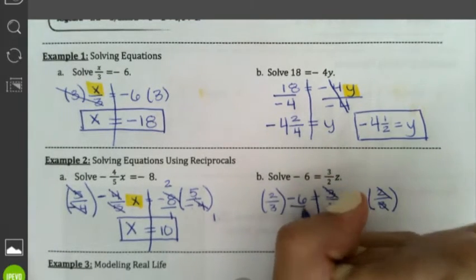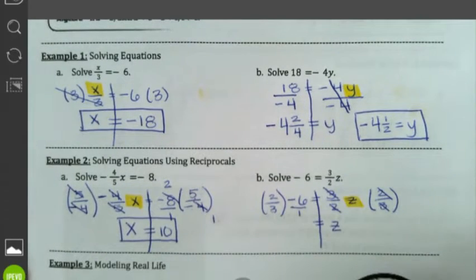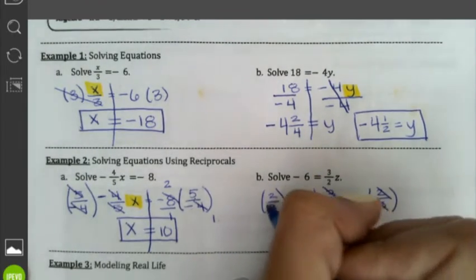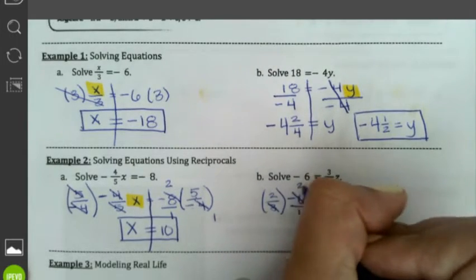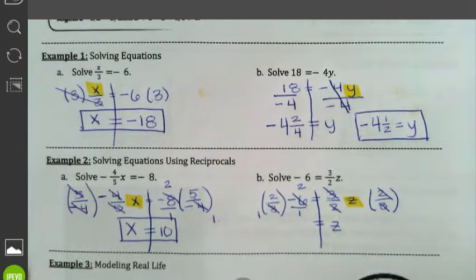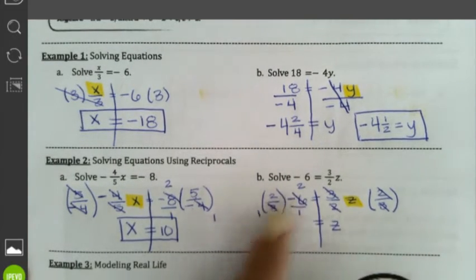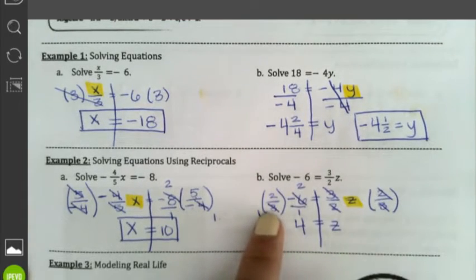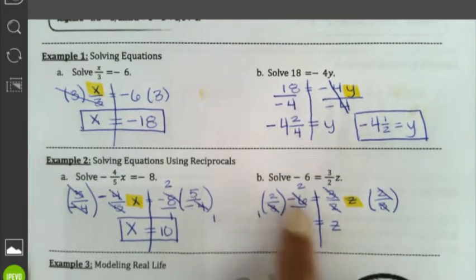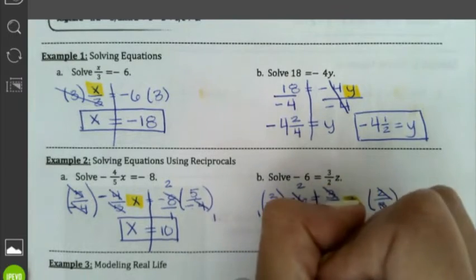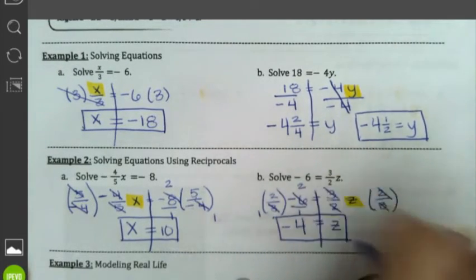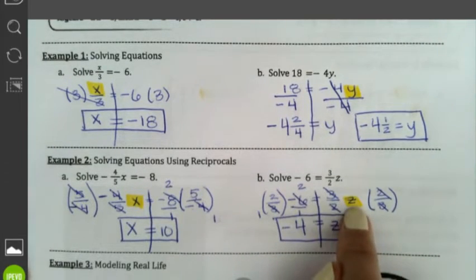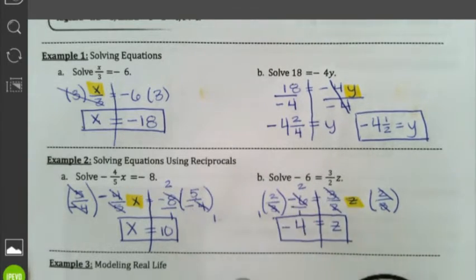I'm going to put negative 6 over 1 to make it into a fraction and cross cancel. Now I just multiply across. 2 times 2 is 4 over 1 times 1, so 4. And we have a positive fraction times a negative fraction, which will give me a negative 4. And again, you can plug negative 4 back in for z and check to make sure that you would get negative 6.